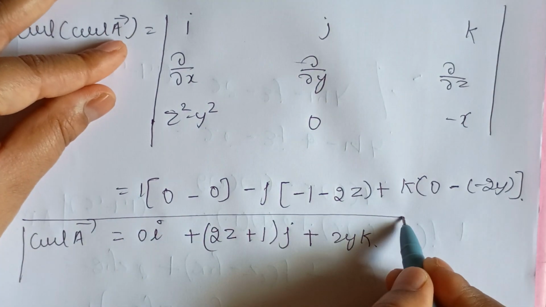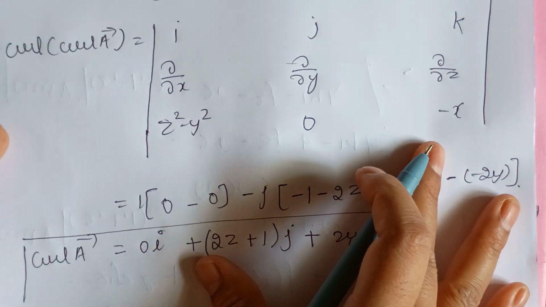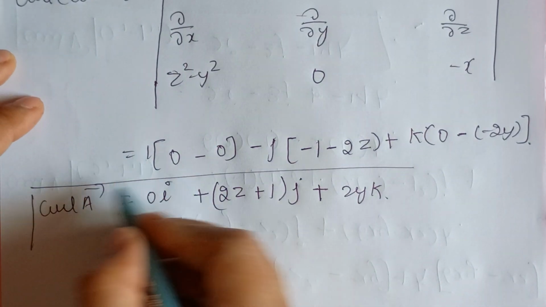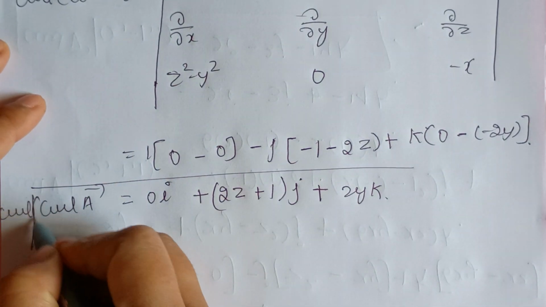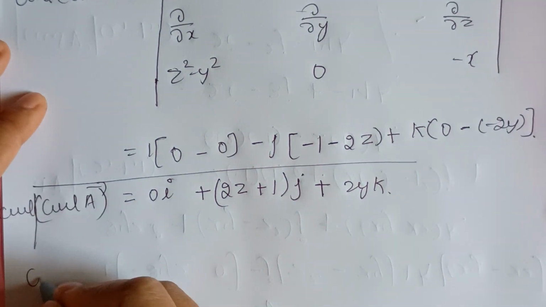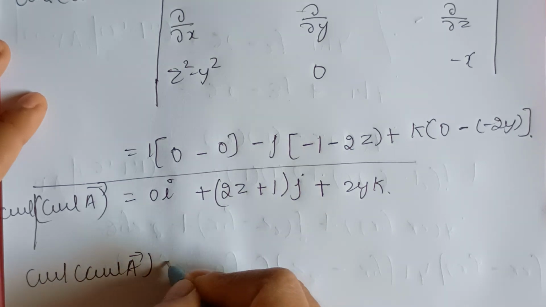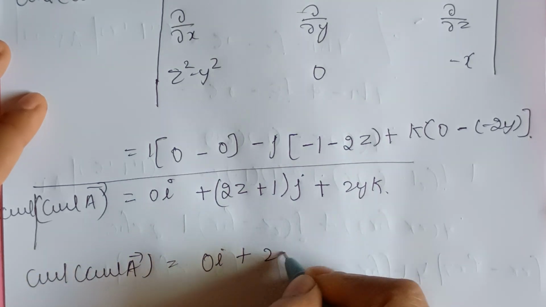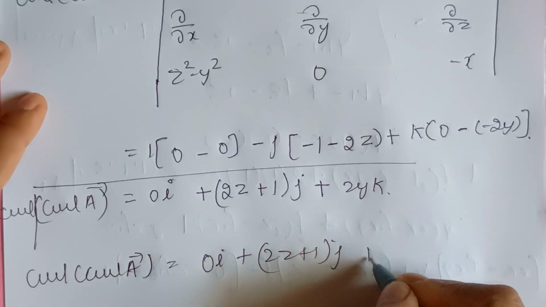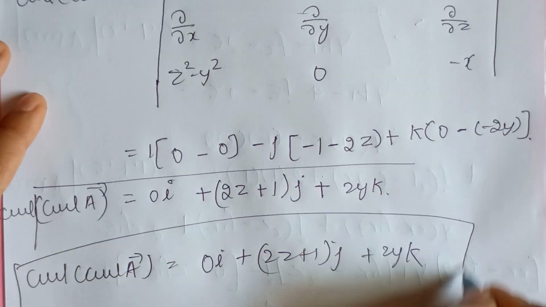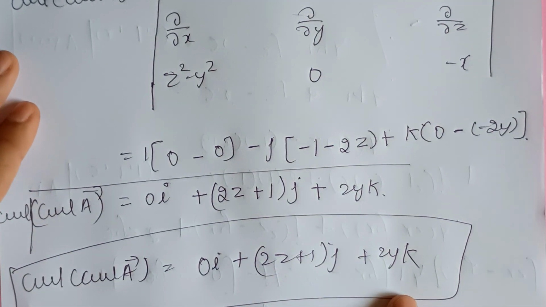Okay, so this should be curl of curl A. So curl of curl vector A is equal to 0i plus (2z plus 1)j plus 2yk. Hence, this is the answer.